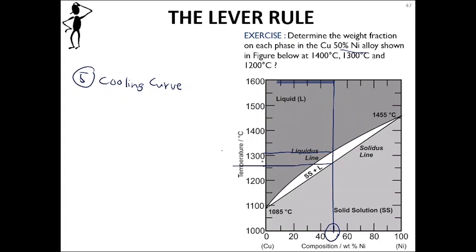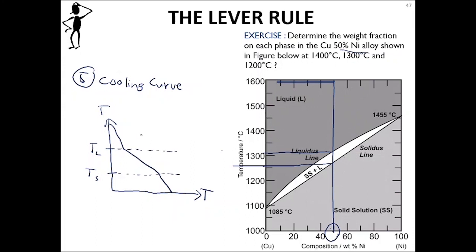We take the temperatures, then we draw the axes of temperature versus time. On the temperature axis, we have TL and T solid. Then we draw the alloy cooling curve. After we draw the cooling curve line, we must label the liquid region, the solid plus liquid region, and the solid region.